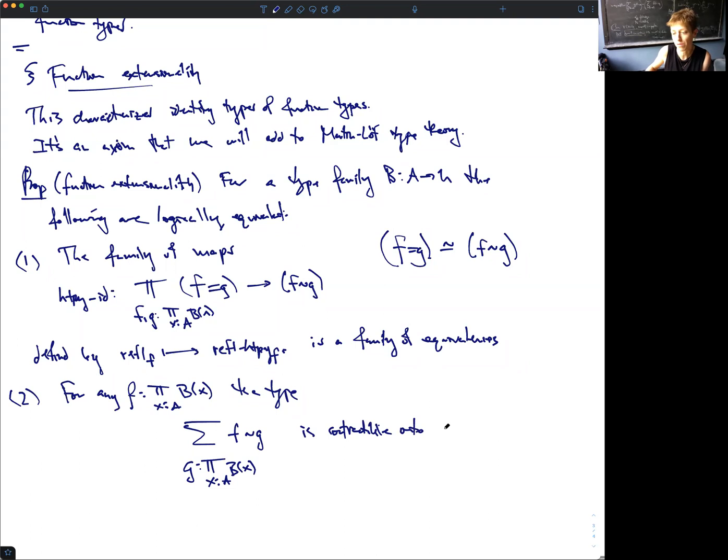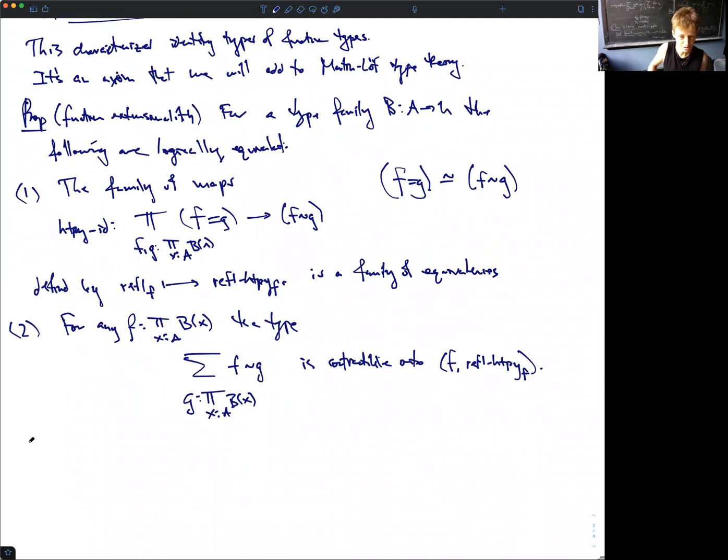So with a particular center of contraction, this term F, and then this reflexive homotopy at F. So we certainly know that this term inhabits this sigma type, and I'm asserting that the type is contractible. So that's the unique term in the homotopy type theoretic sense.